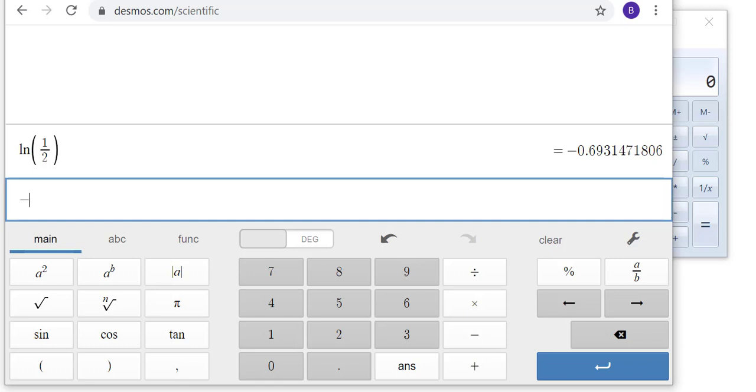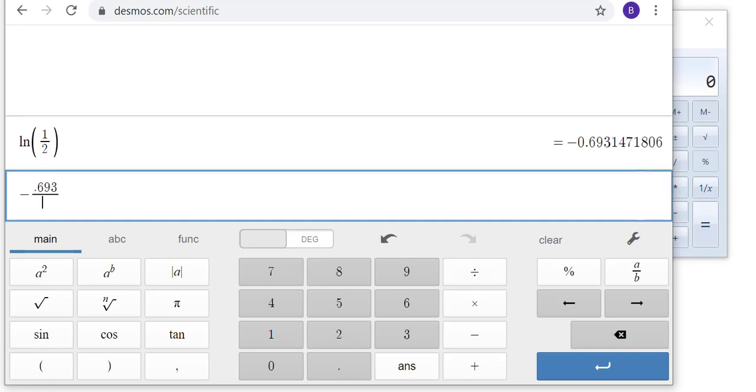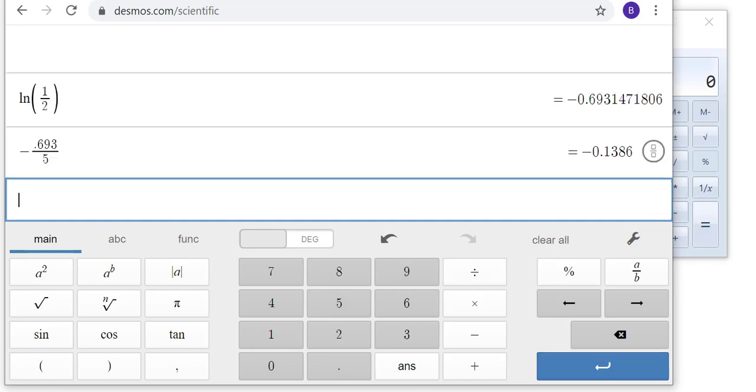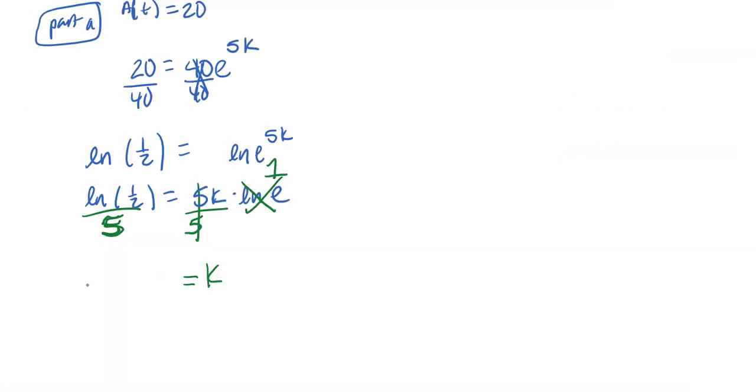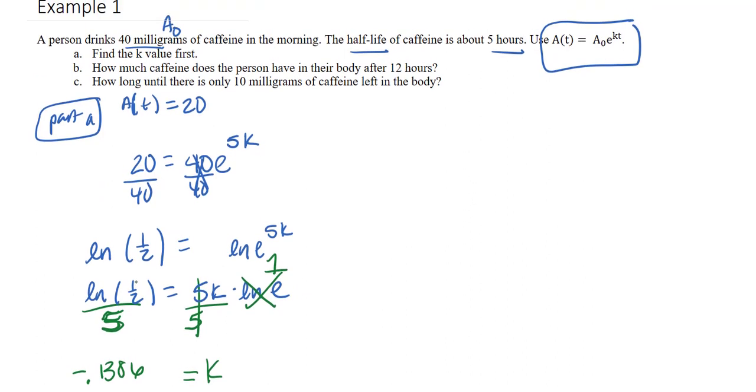Now we take negative 0.693, and we divide it by the 5, and what do we get? We get negative 0.1386. So that's our K value. Notice it's negative, which is what we want it to be in this.